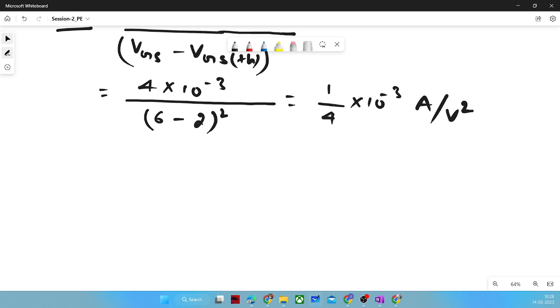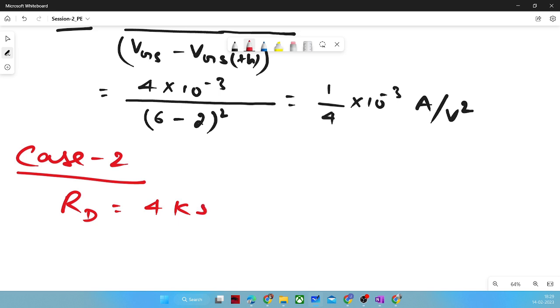So we computed the value of K. Now for case 2, RD has become 4 kilo ohm.